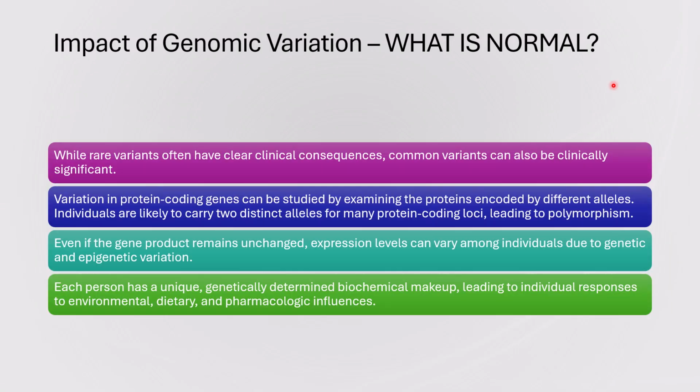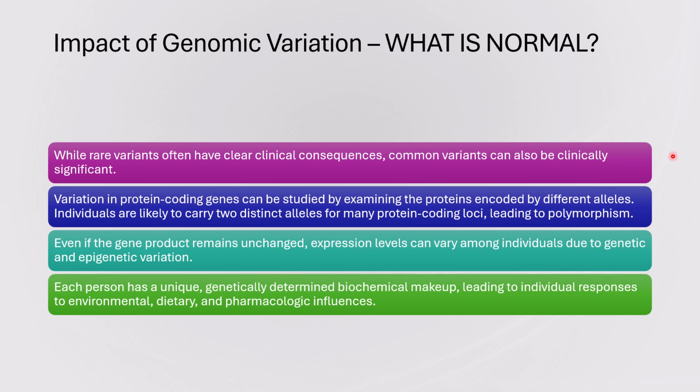We will wrap this lecture up with a few points. The impact of variation: rare variants are known to have clear clinical consequences. The common variants don't. However, sometimes the common variants can be clinically significant. Individuals are likely to carry two distinct alleles for many protein-coding loci, leading to what we call polymorphism.